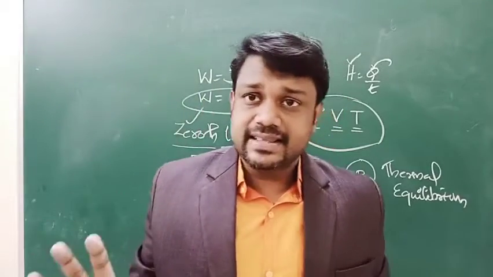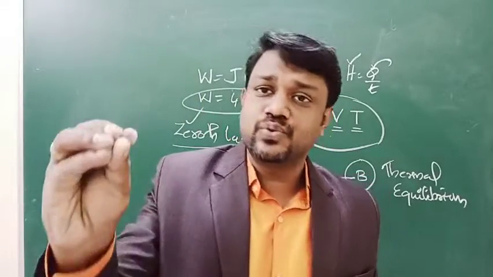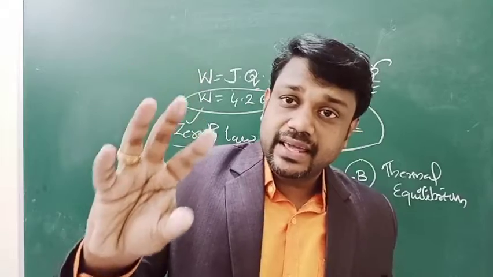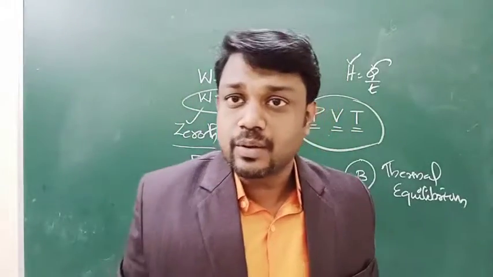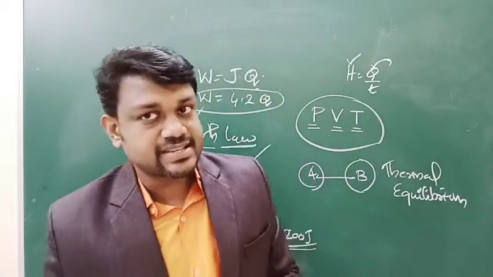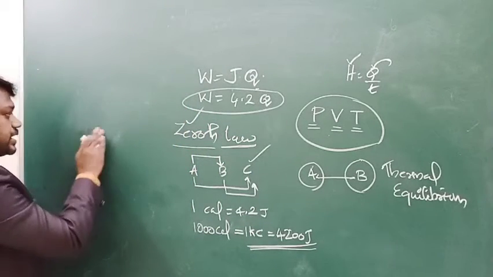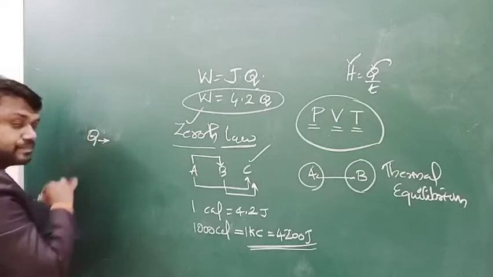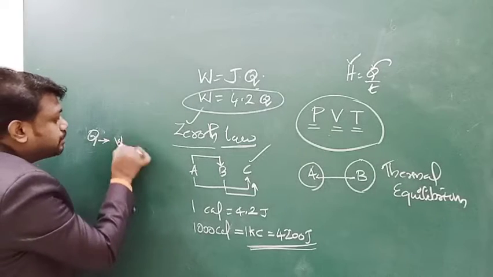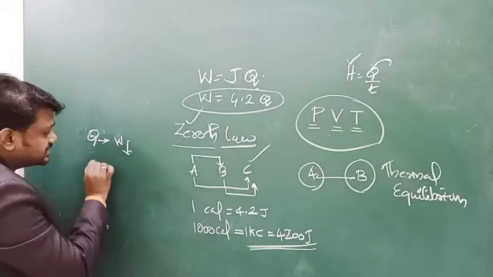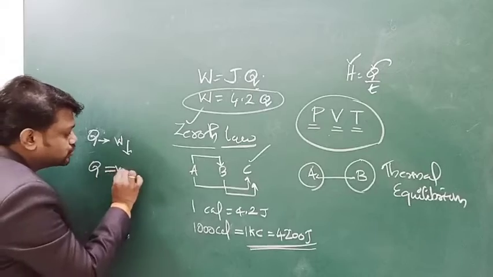But we can't say that if you are supplying heat energy to a system, the total heat is converted into an equivalent amount of work. When you are considering the heat supplied to a system and the work given by that system, we can't say that Q equals W.